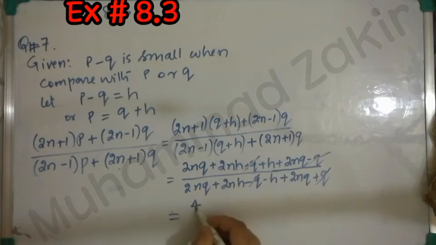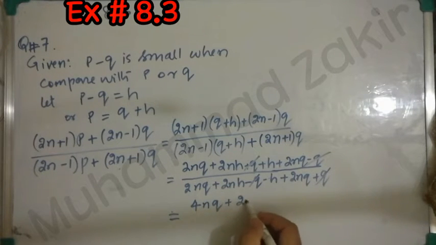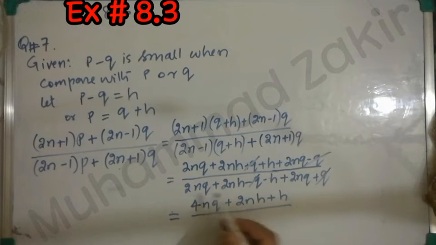2nq and 2nq will make 4nq plus 2nh plus h, divided by 4nq plus 2nh minus h. And now we will take 4nq common. If we take 4nq common from both numerator and denominator, what will we have?